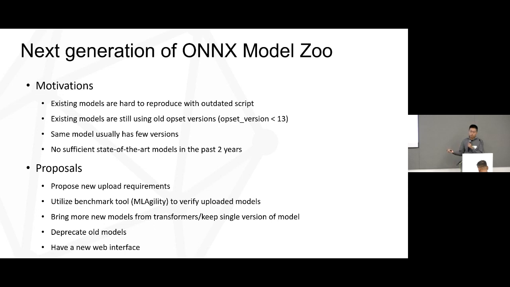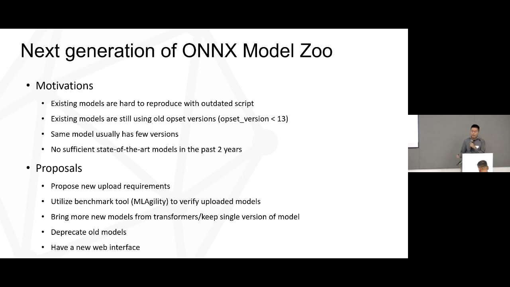They are still using old opset versions. All of them are lower than opset version 13, which is quite old. And there are a lot of different opset versions for a single model. And I think most importantly, there are not sufficient state-of-the-art models from the past two years.